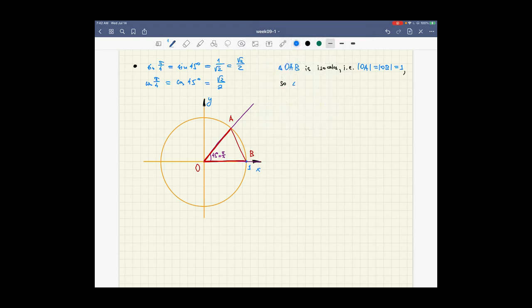Angle OAB, this one, equals angle OBA, this one.